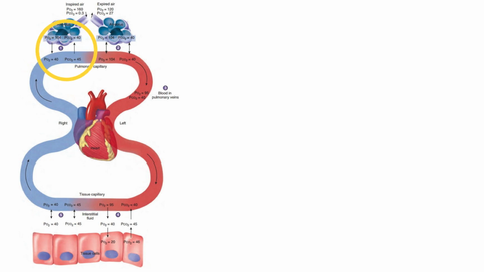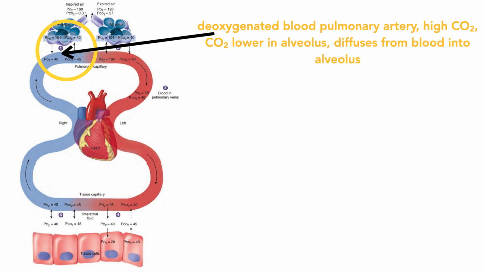So let's look at this region here, right there. And what you're seeing right there, it looks bluish, right? So that would mean that there is low oxygen. We're using that convention of blue meaning less oxygen. And what you have happening there is the pulmonary artery.